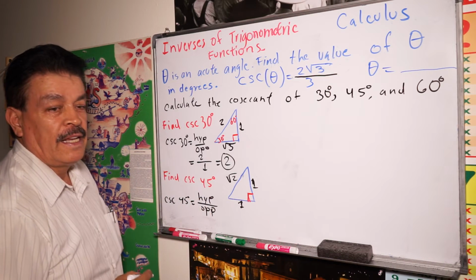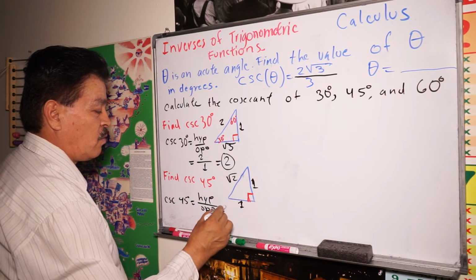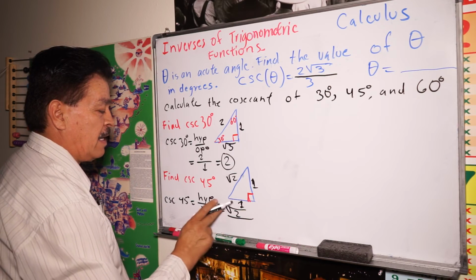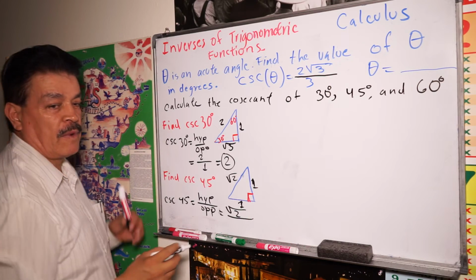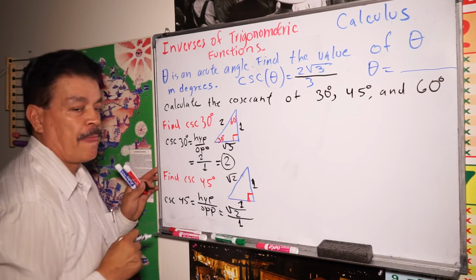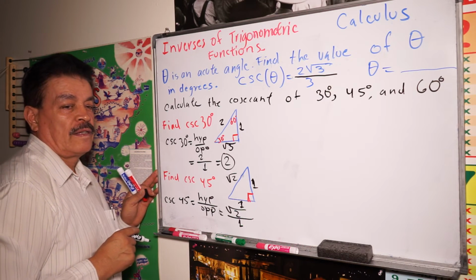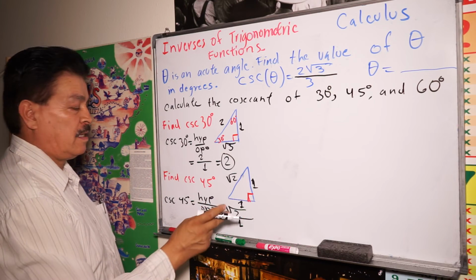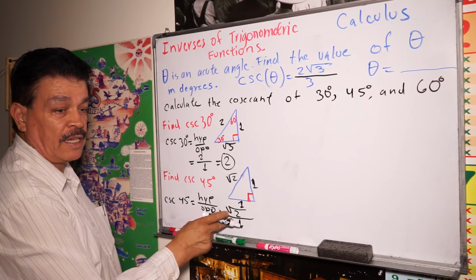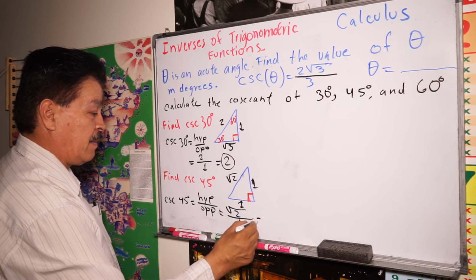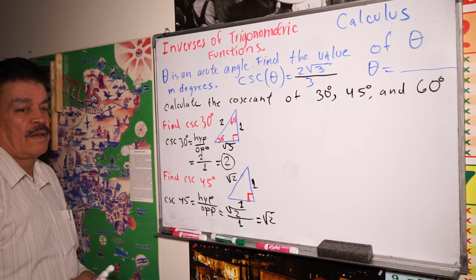You're going to have square root of 2 divided by 1. How much is this? 1 divided by 1 is the same answer here. So it equals square root of 2.